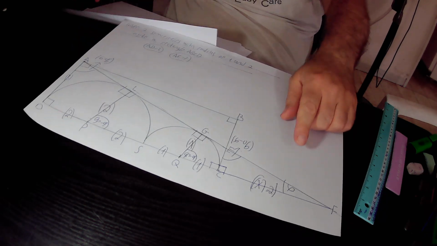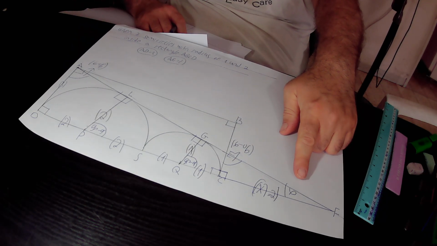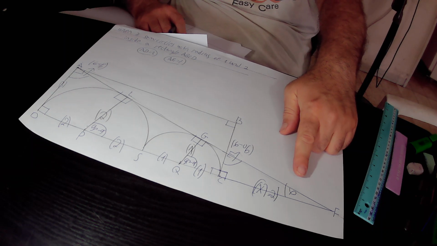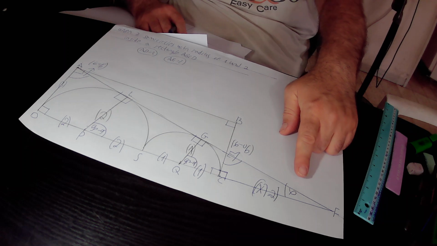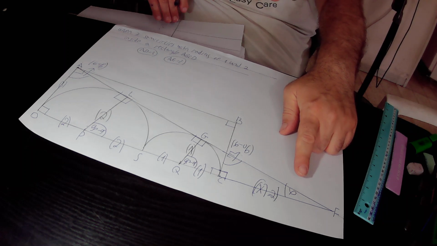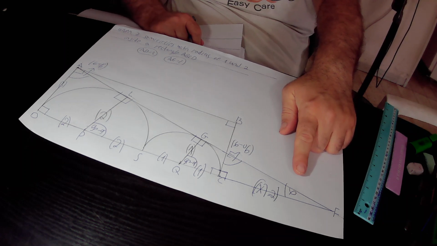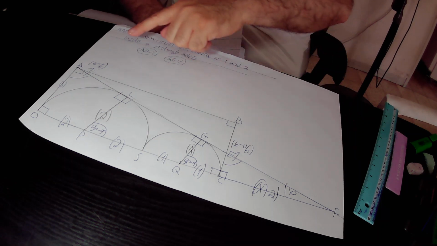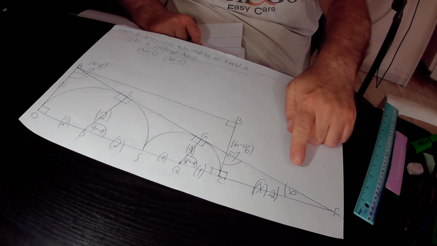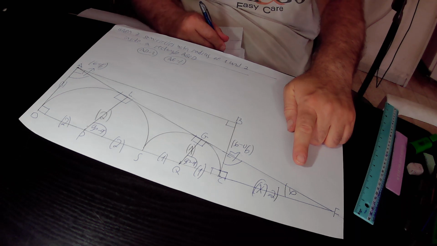In addition, this is angle alpha, that is a common angle that belongs to both triangles. So I can write down that angle alpha equals itself as a common angle that belongs to both triangles. If we relate to this angle alpha as it belongs to the big right triangle ADF, it will be defined as angle AFD.